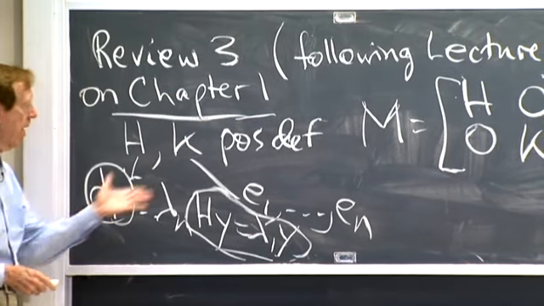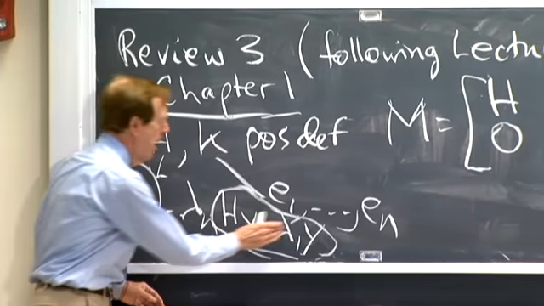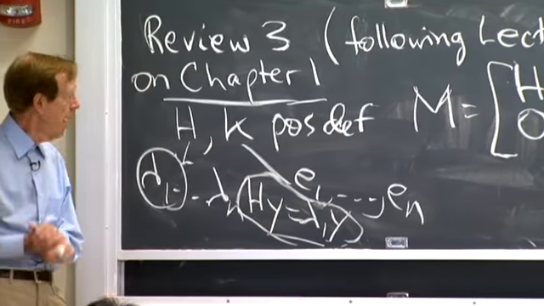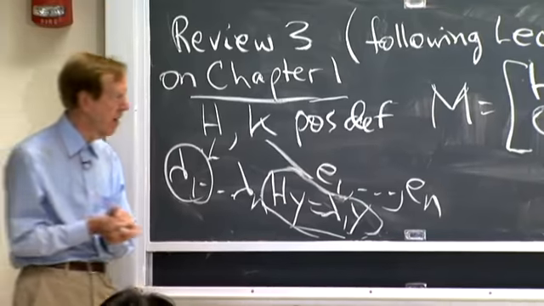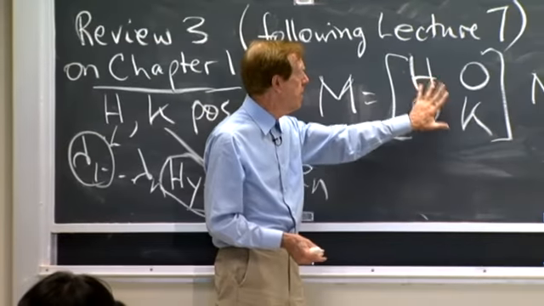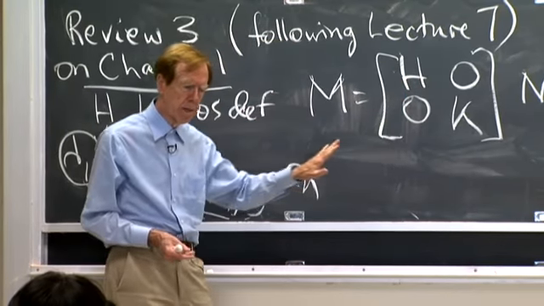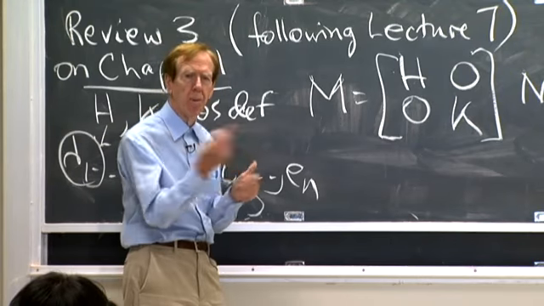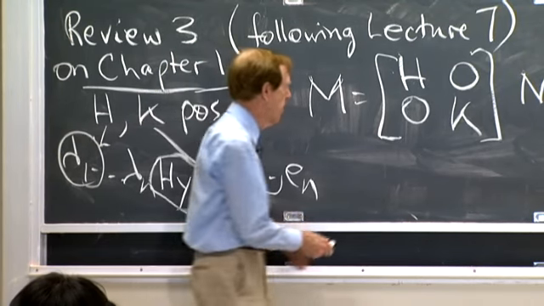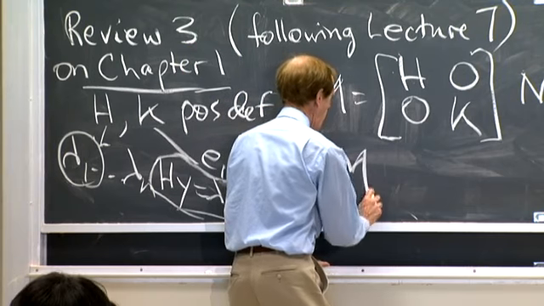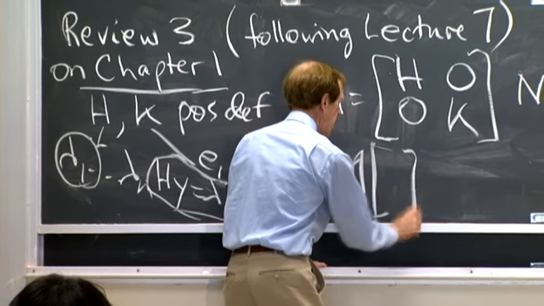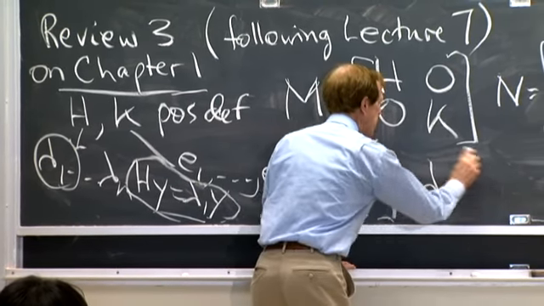If that's an eigenvalue, it's got an eigenvector, and let's call it y. Now, this is a good question. I believe that this block matrix also has eigenvalue lambda 1, and what's its eigenvector? What could I multiply M by to get lambda 1 times the same thing?